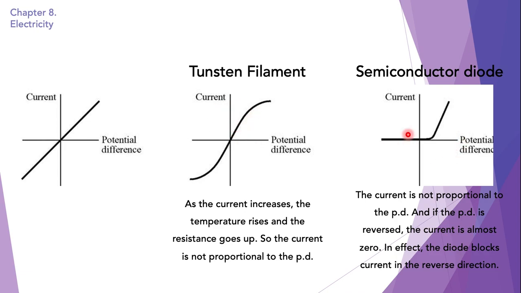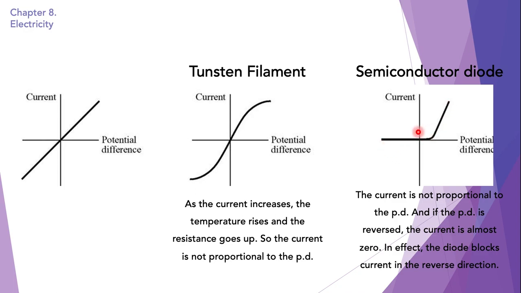In this graph, the 0 is at the center of the line, and minus values are written over here and plus values are written over here, whereas all the other graphs start from the 0 over here and there are no minus values. In the case of the diode, the negative part of the graph is for readings obtained when the potential difference is reversed. That is, when the diode is connected into the test circuit the opposite way round.